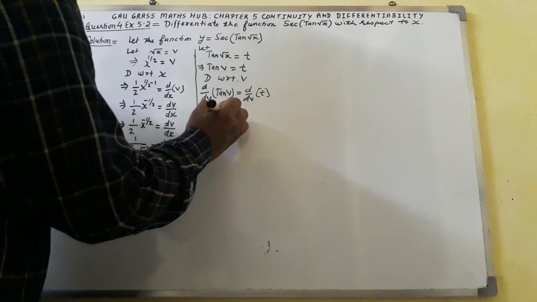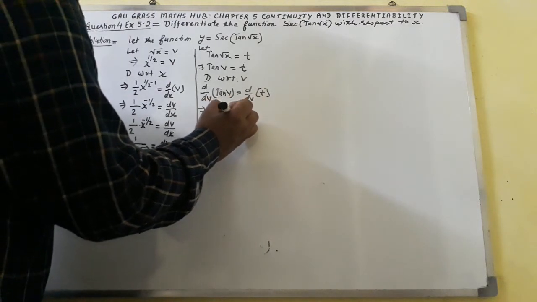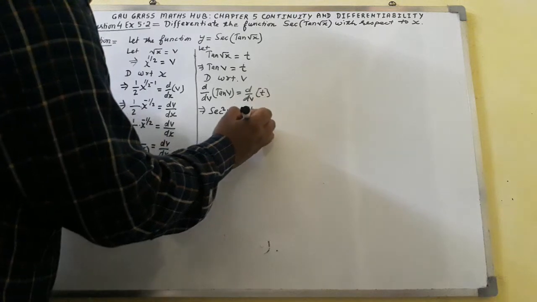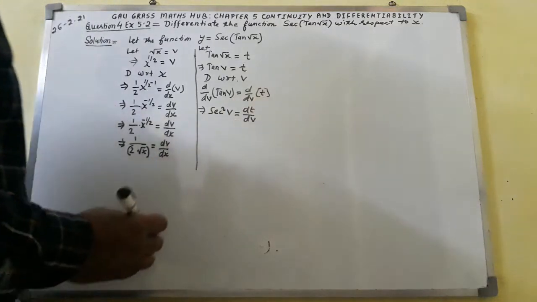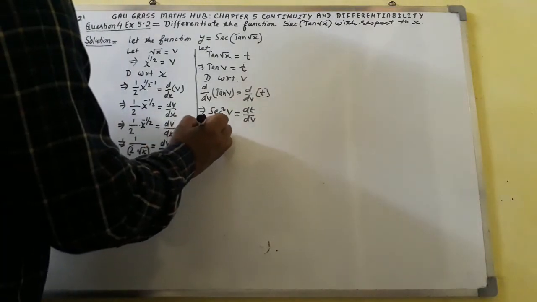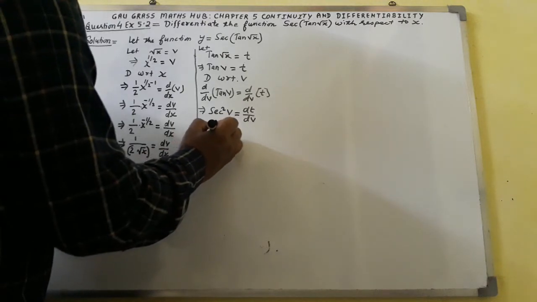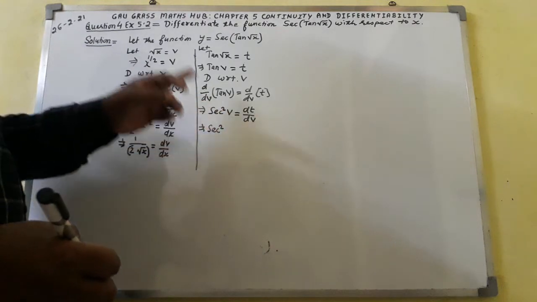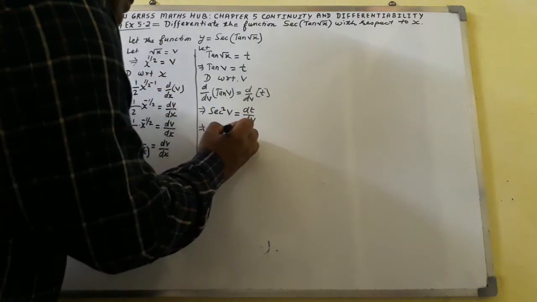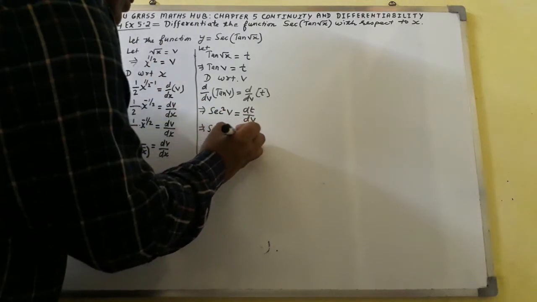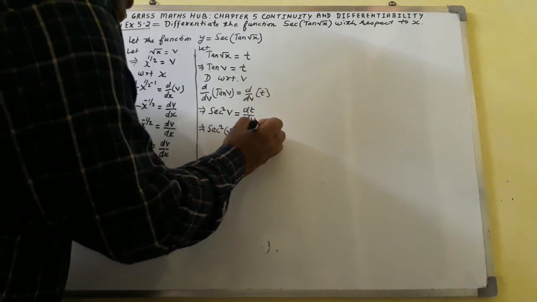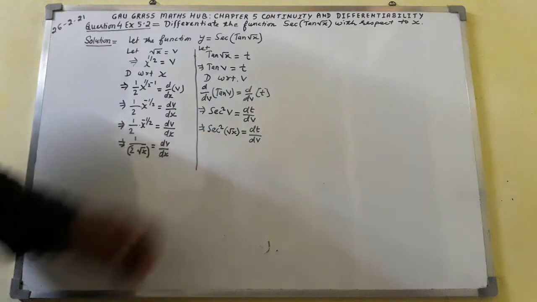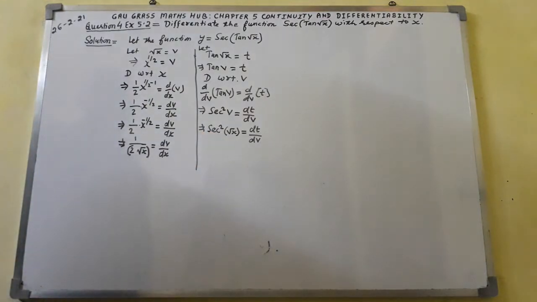So I shall write sec square v equal to dt/dv. So here you will get sec square, in place of v I shall write √x, equal to dt/dv. This thing will be written dt/dv.